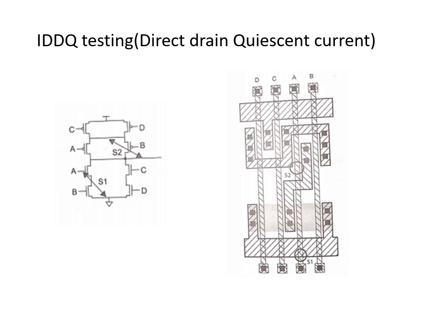A method of testing for bridging fault is called IDDQ test or supply current monitoring. This relies on the fact that when a complementary CMOS logic gate is not switching, it does not draw any DC current except for some leakage current.